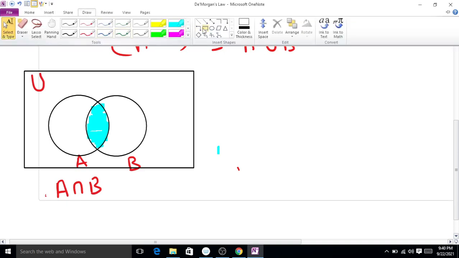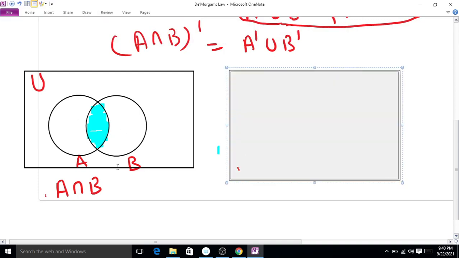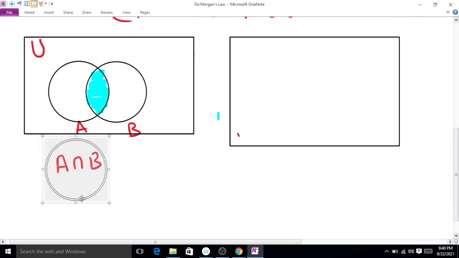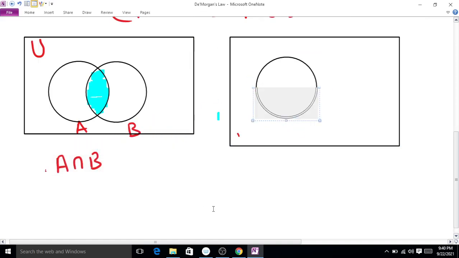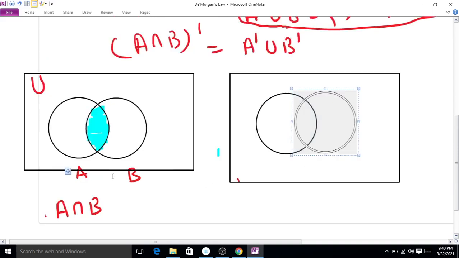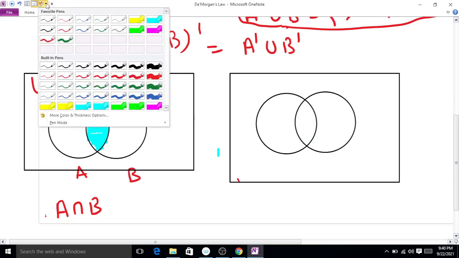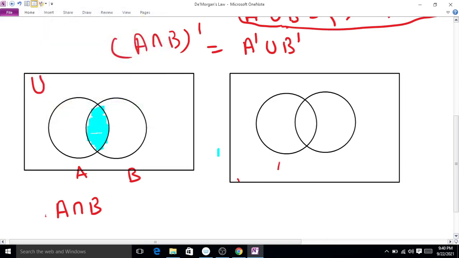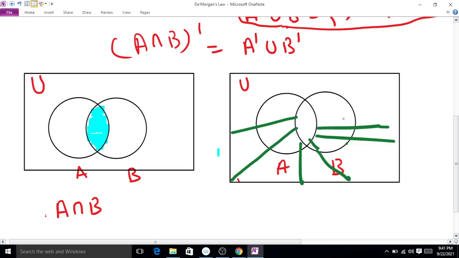Now we want to determine (A intersection B) complement. So again consider set A, this is set B, this is universal set U. Then (A intersection B) complement is this part.